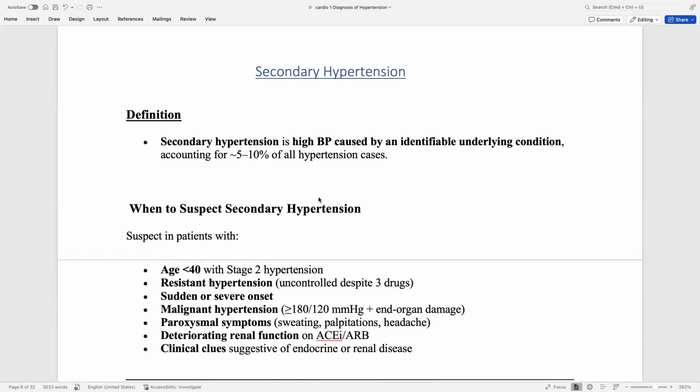We can say this is the main category of patients in whom we will suspect secondary hypertension. Below 40, second stage.